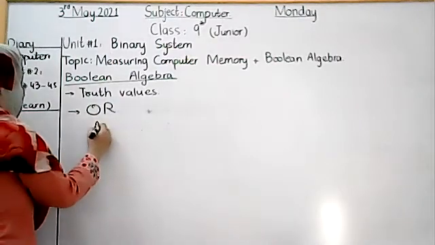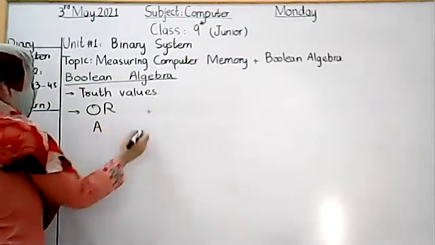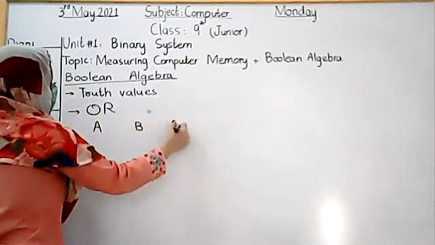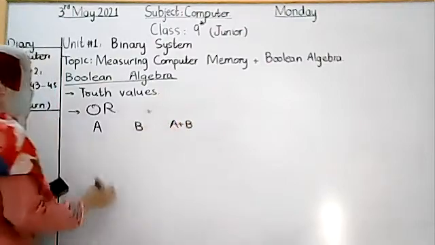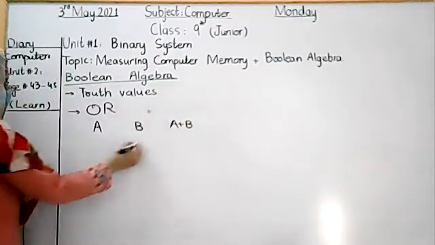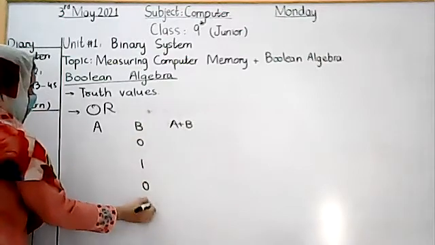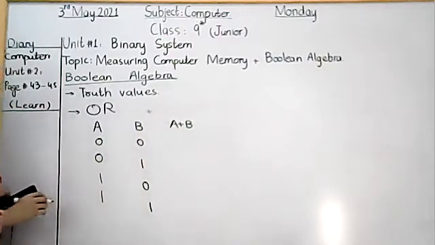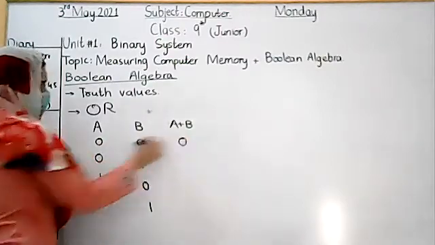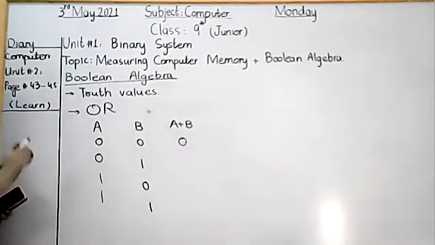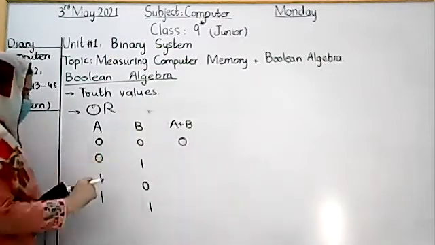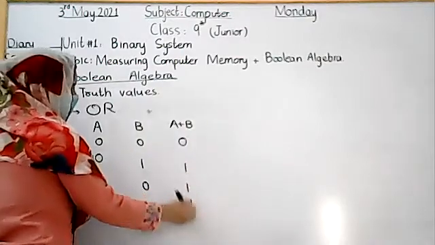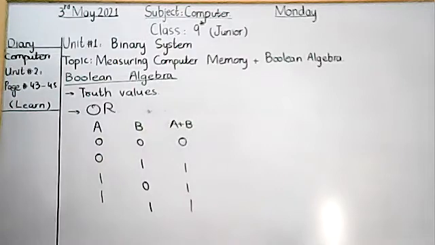So here we can see A, B, A plus B. It will provide the result 0 if both of the bits are 0, and it will provide the result 1 if one of them has the value 1. So here comes the OR operator. In this way, an OR operator works.